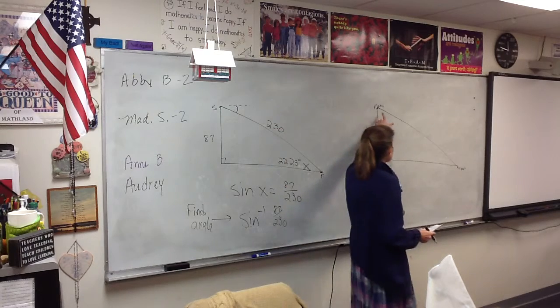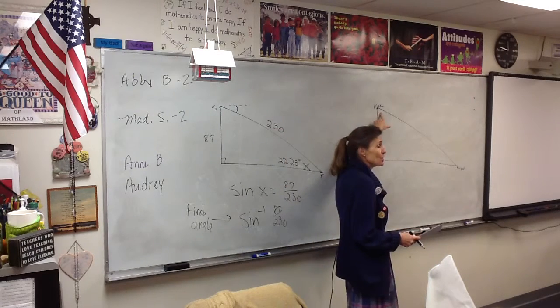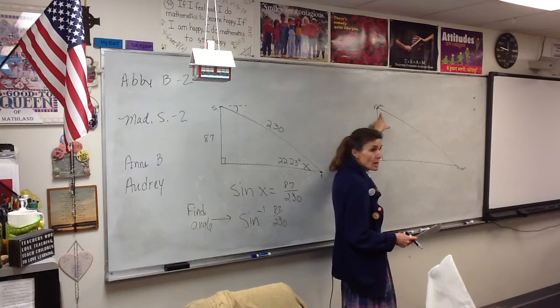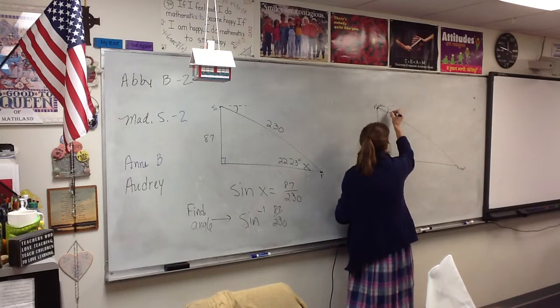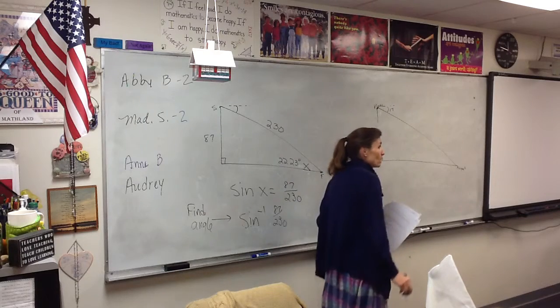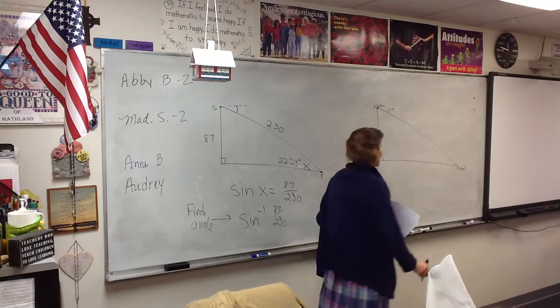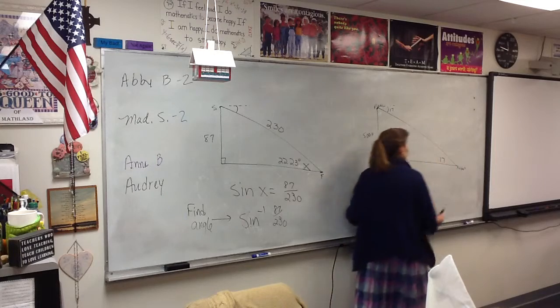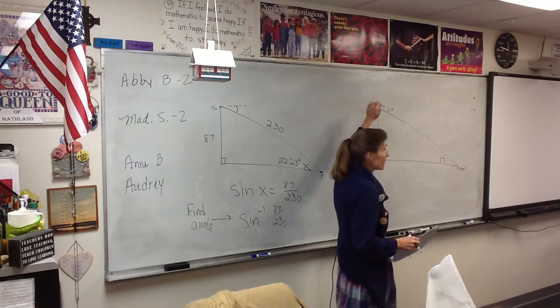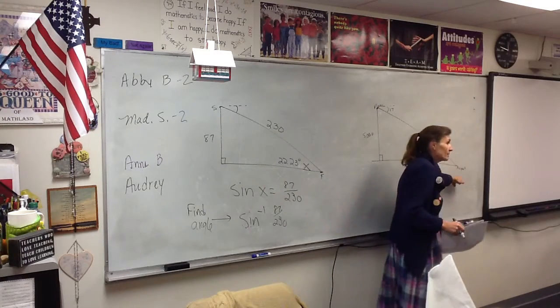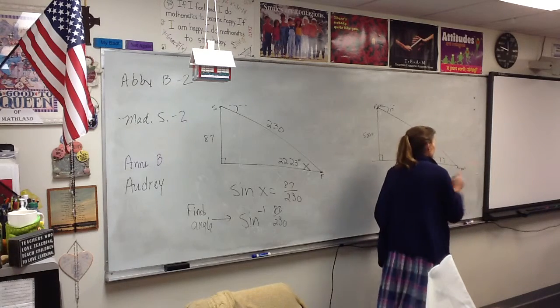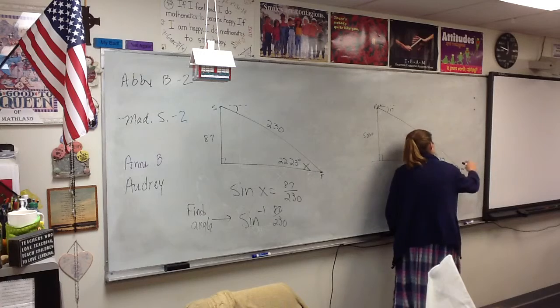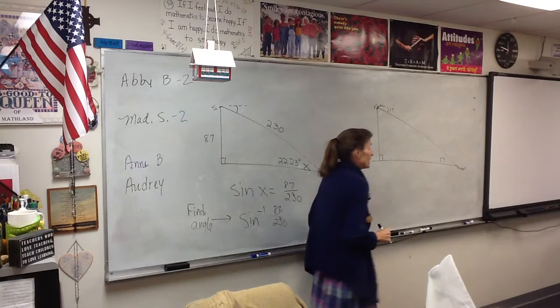Now, are you going to put that 17 here? No, no, no. If you want to put the 17 up there, it has to be here. That's the angle of depression. But I'm going to put it down here because if I am the pilot looking down at the airport, my angle of depression is the same as the angle of elevation of the guy on the ground looking up at the plane.